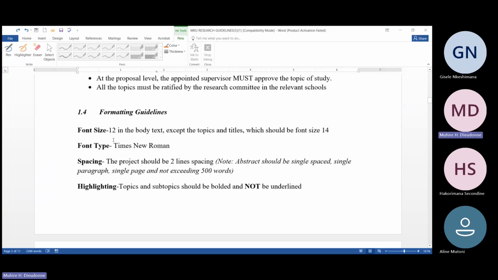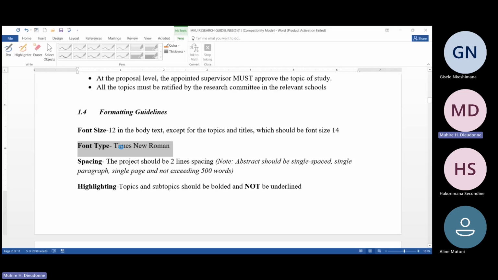So the font size should be 12, including those subtitles. Subtitles also must be 12. Only 14 is for the big titles like preliminary pages titles and titles of the chapters.